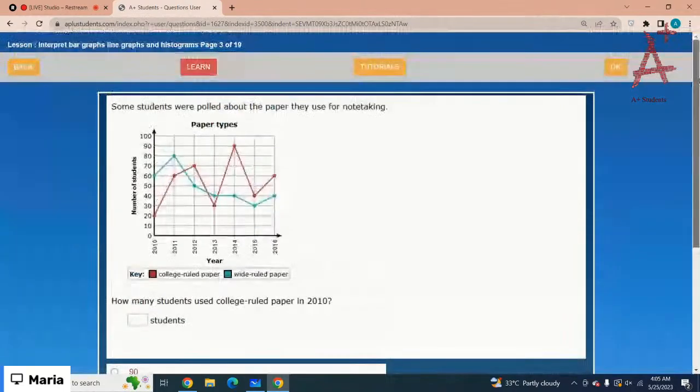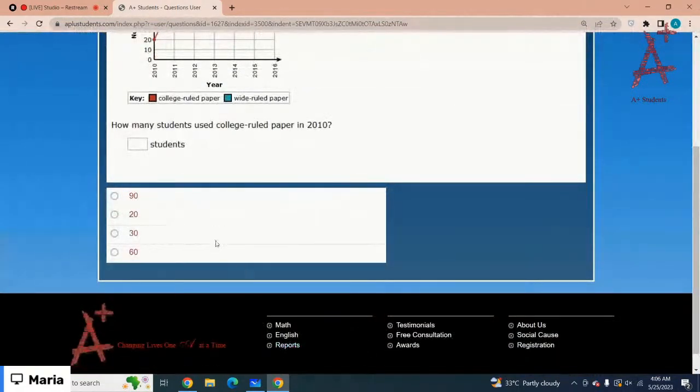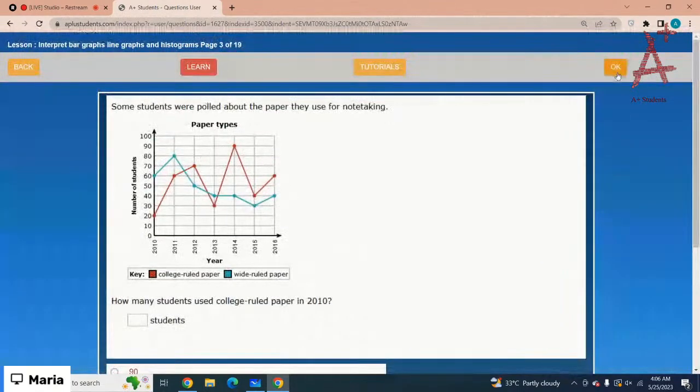You have to see how many students used college ruled paper. You have to look at the red line. It would be 20. So the correct option is 20, not 60. That would be 20. Got it? You have to look at the other side.